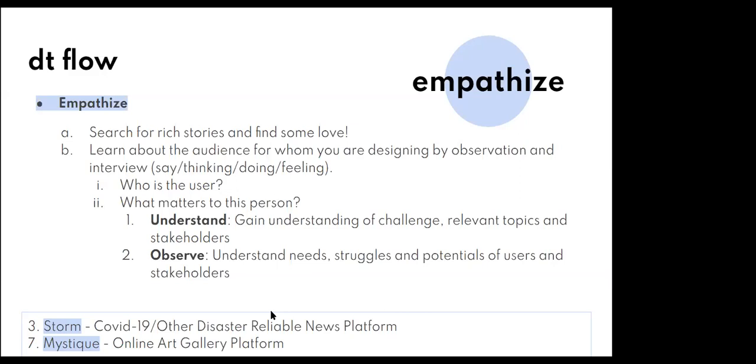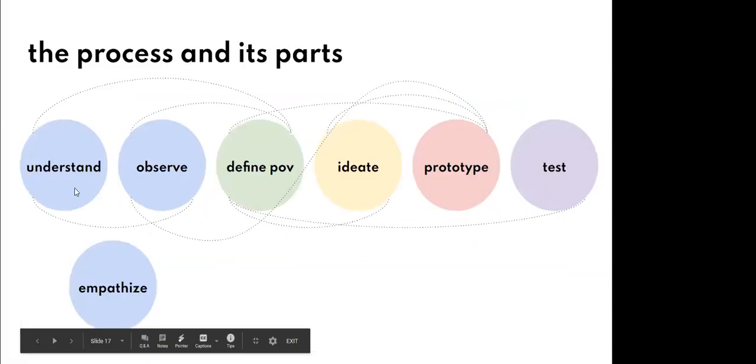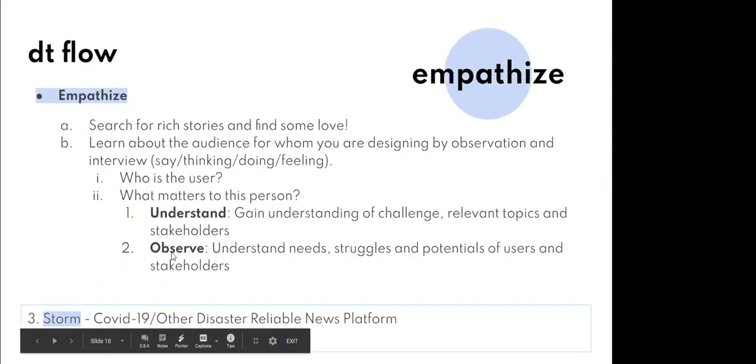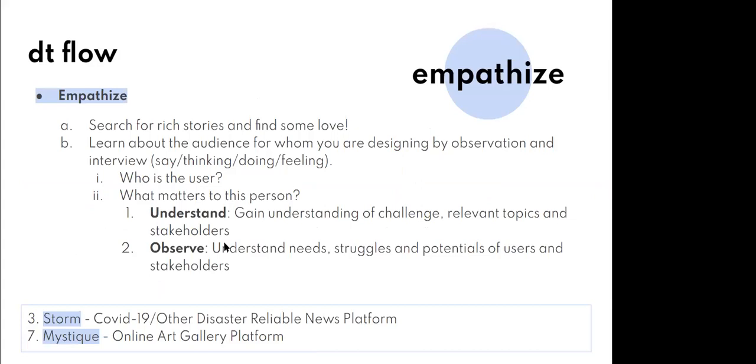Through understanding, and if you just go back, through understanding, which is one of the first bubbles, which is still a part of empathize, we are gaining an understanding of the challenge, the relevant topics, and stakeholders. Through the observation, we want to understand the needs, the struggles, and potentials of users and stakeholders.